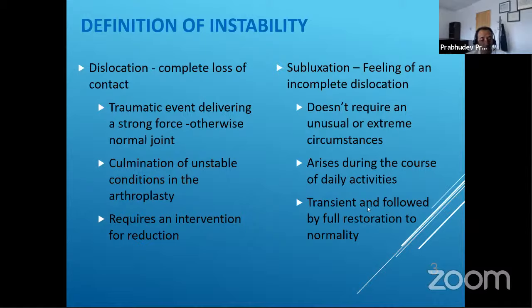Typically, it requires an intervention; it has to be reduced under some type of anesthesia. Subluxation is actually a feeling of an incomplete dislocation, and it usually doesn't require any unusual or extreme circumstances. It often arises during the course of daily activities, and often it is transient, followed by full restoration to normal function.